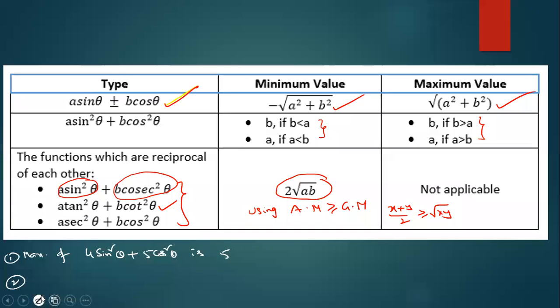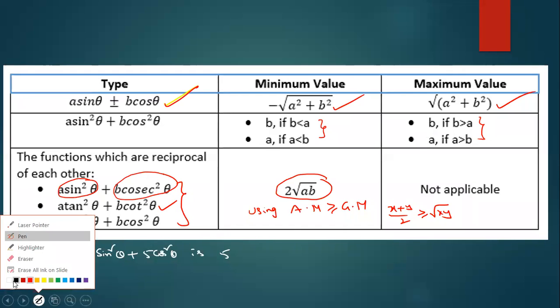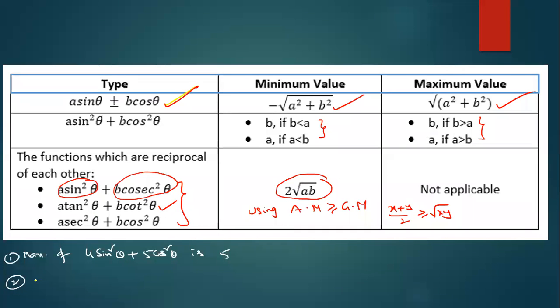Dear students, I'm writing one question here. How to solve? Minimum of 9 secant square theta plus 4 cosecant square theta is how much?